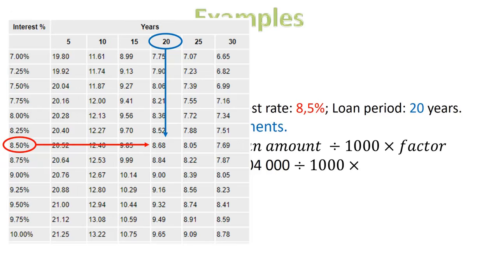And that is my factor. My factor is 8.68. See where I got it from? The 8.5% is my interest rate. It's for 20 years, and so my loan factor is 8.68.